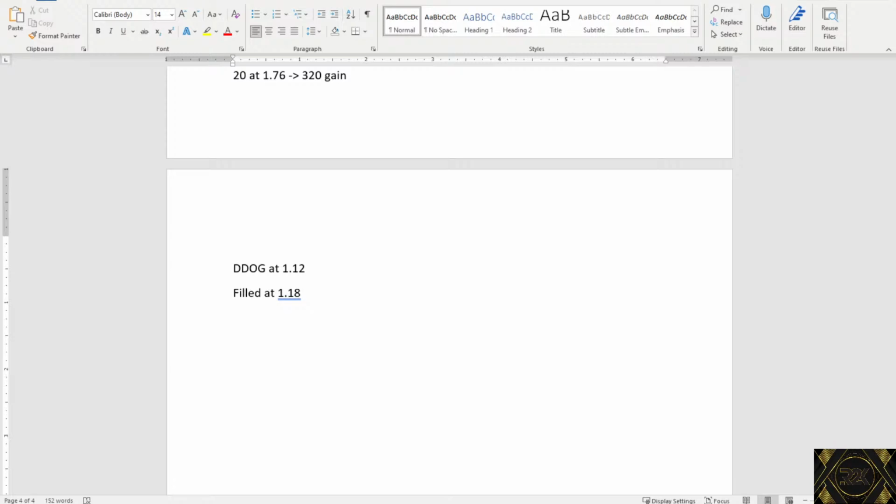Then my break even is 1.12, so you want to keep a stop loss at your break even, or reevaluate and take that stop loss down to 1.12. You don't have to wait on me to alert a stop out on the play. Whatever entry you get, keep your stop loss accordingly.